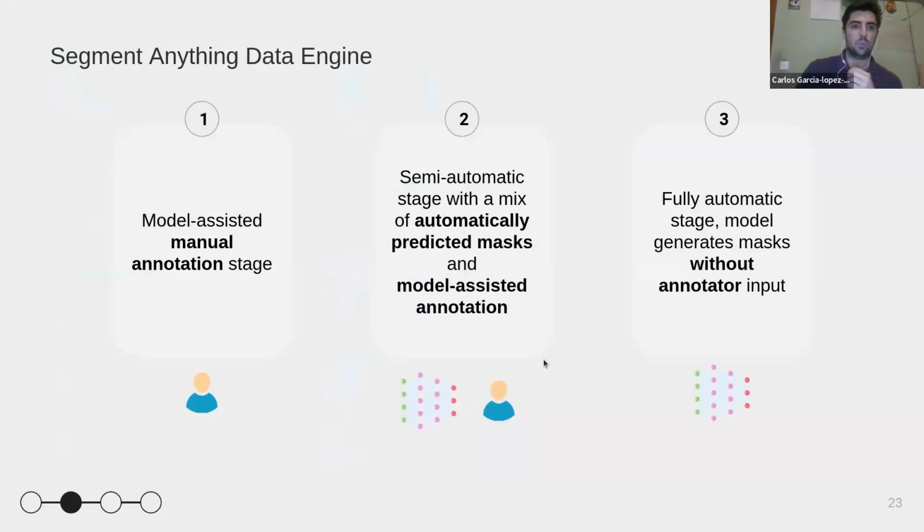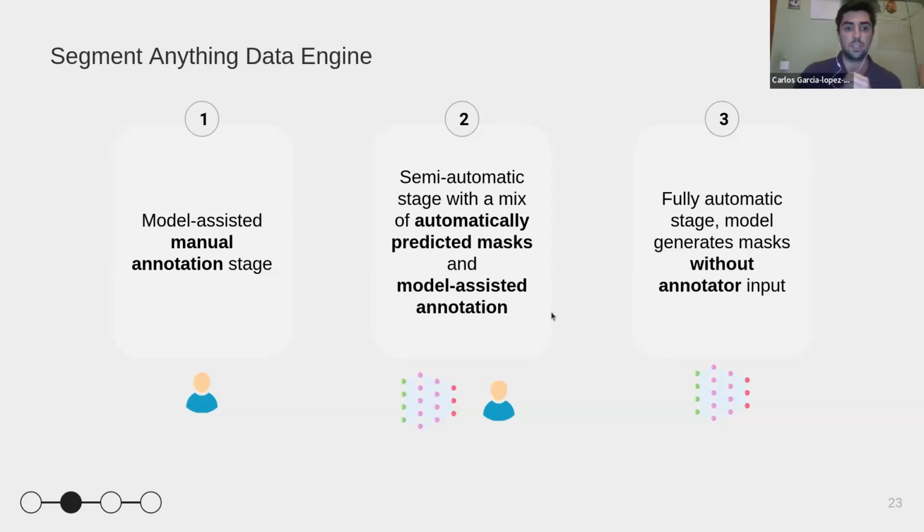Another of the key things that was introduced by the Segment Anything paper was what they call the data engine. In order to get that much data, remember it was 1 billion masks and 11 million images, that's a lot of data, they gradually annotated it.